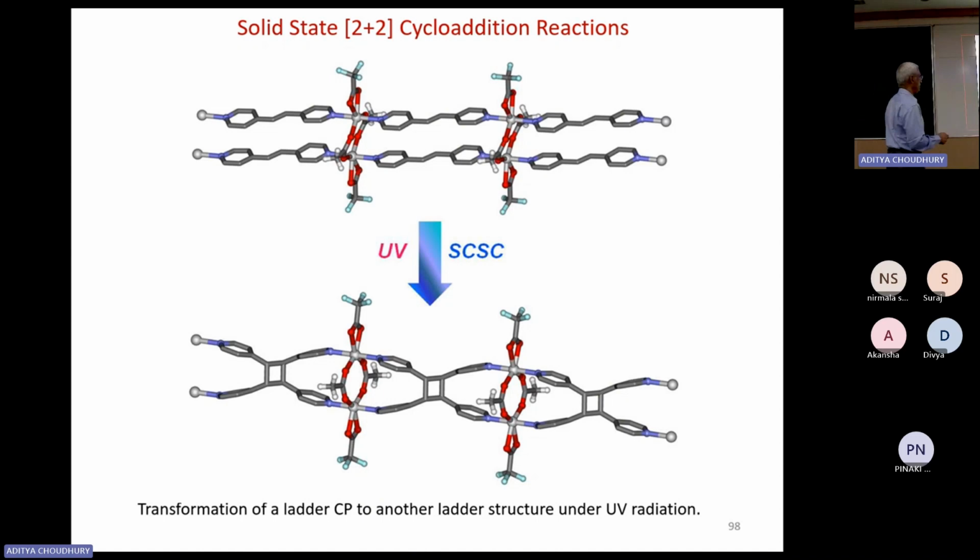What kind of bridging ligand can you use to bridge the coordination polymeric strands containing photoreactive double bonds, ligands containing double bonds? Also, you can incorporate this railroad type of thing into 2D or 3D frameworks. You can do a lot of things, right?